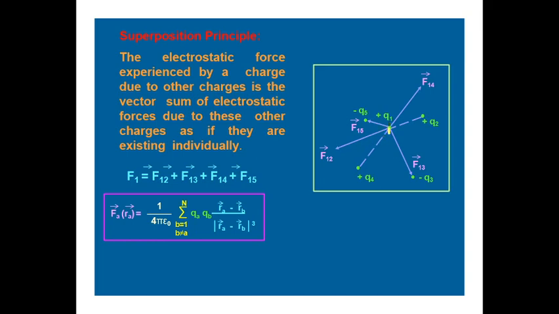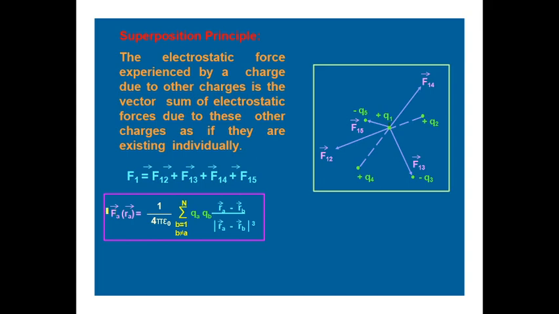In the same way, Q3 is a negative charge, so the force is towards the charge, F13. Similarly, Q4 is a positive charge, so it is away from the charge, F14, meaning the force experienced by charge 1 due to the fourth charge Q4. Similarly, Q5 is a negative charge, so it is toward the negative charge, and the vector sum of all of this is F equal to F12 plus F13 plus F14 plus F15.